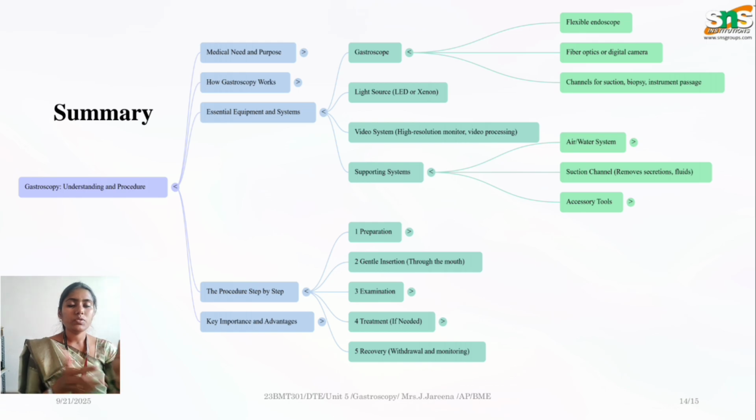Finally, the summary of today's class: right from the beginning we started with what is meant by gastroscopy. Before that we discussed the empathy perspective of this topic, that is, the common worries and fears of people, patients and also doctors, why they demand gastroscopy, what the problem is, and we defined the problem and the need.